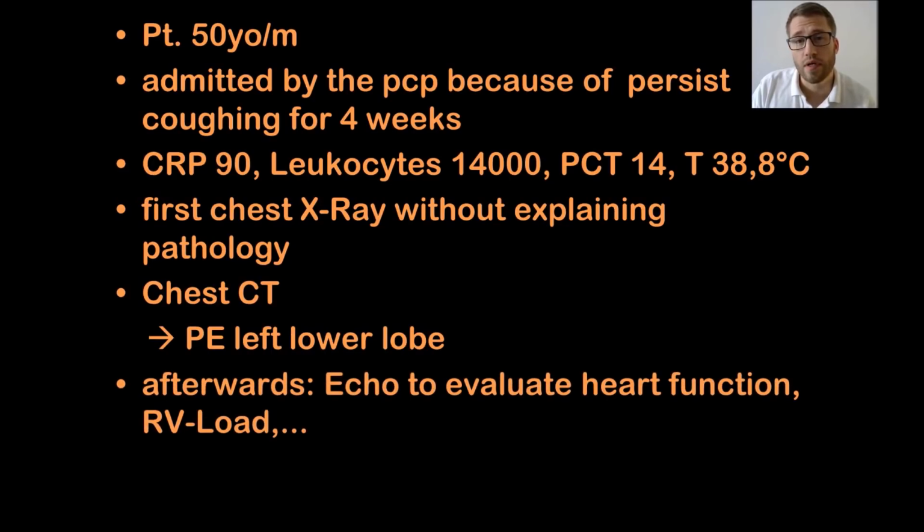Afterwards, when he was on the ward, he got an echo performed. That's a standard procedure in our hospital to evaluate patients who show up with a diagnosis of a pulmonary embolism, just to evaluate the heart function, the RV load, and so on.